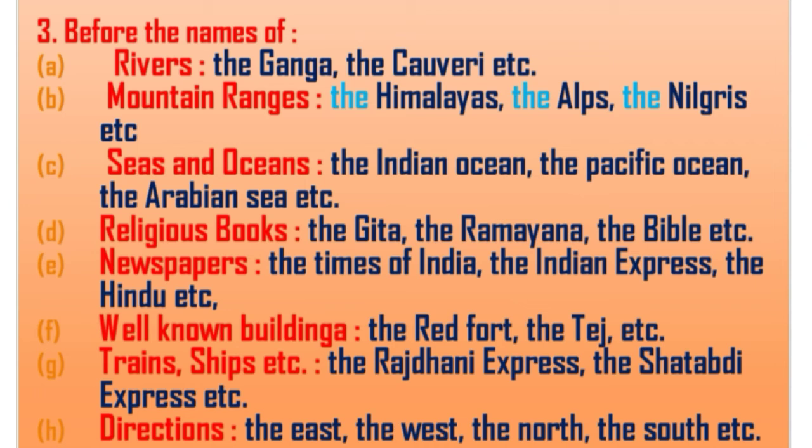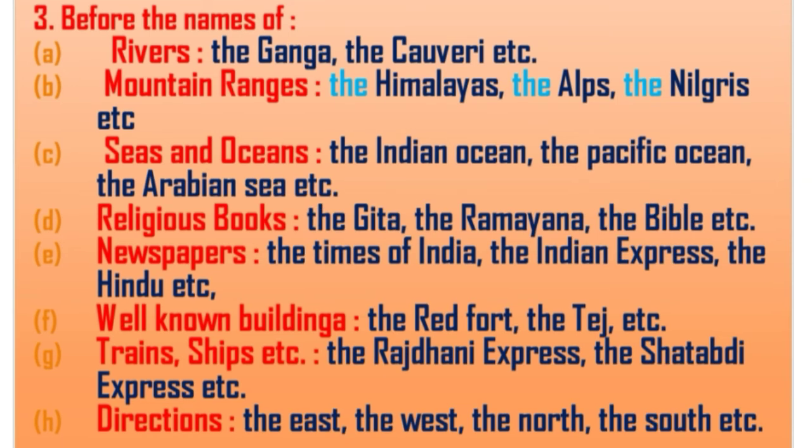The Himalayas, the Indian Ocean, the Pacific Ocean, fine, the Gita, the Ramayana, the Bible, the Times of India, the Indian Express, the Taj, the Rajdhani Express, the East, the West, the North, the South, directions. In that sense also the article 'the' is used.